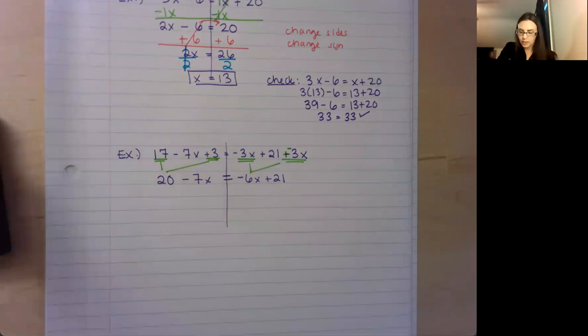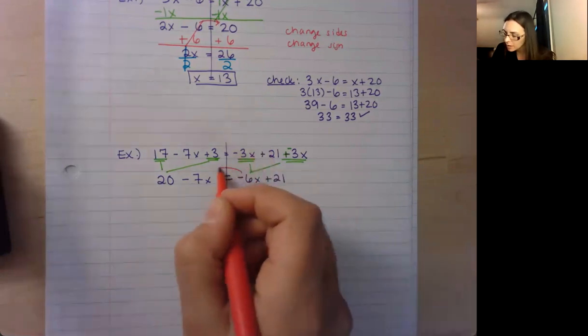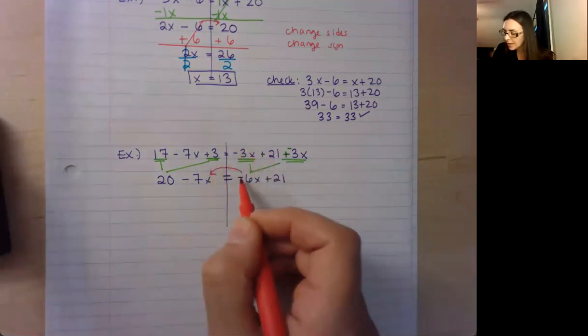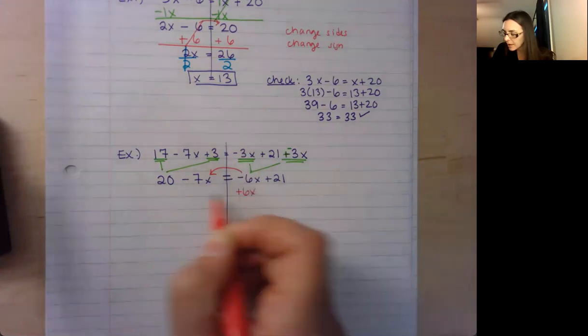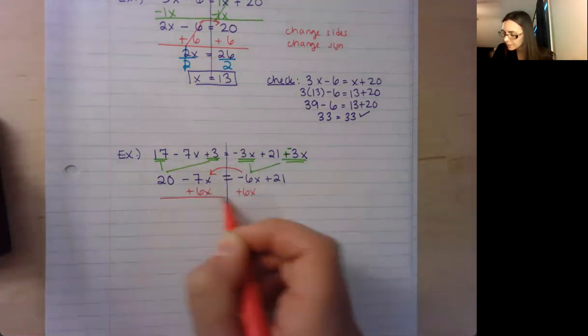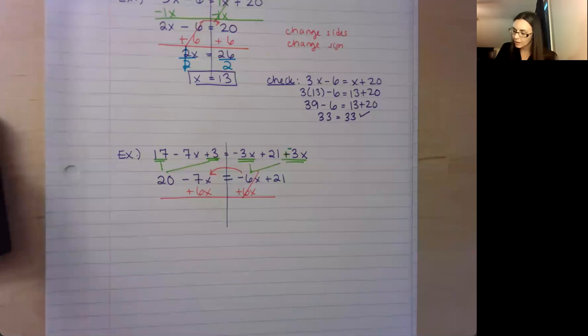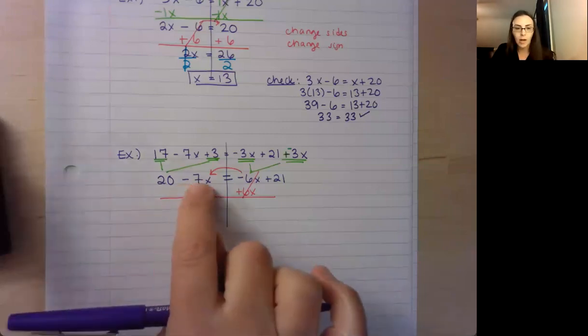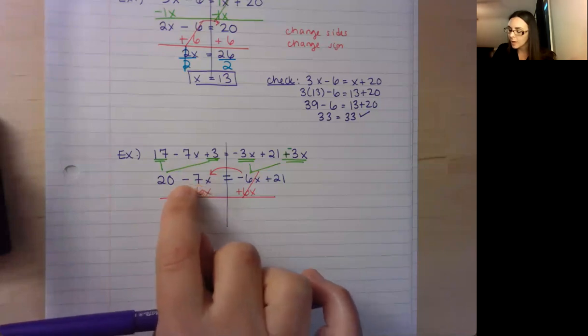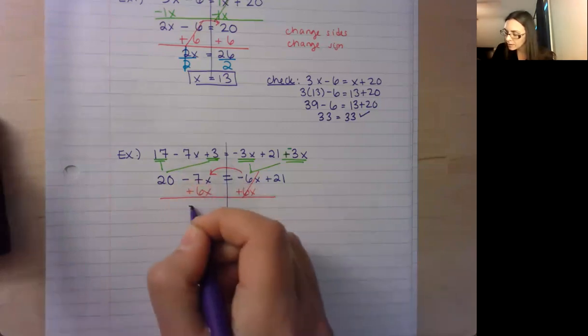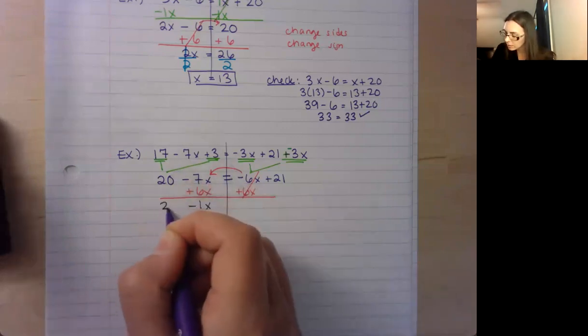So what I'm going to do is I'm going to bring my variables on the left here. So if it's a negative 6x, it's going to become a positive 6x. Now notice here I have a negative 7 plus a positive 6. Minus signs and negatives are the same thing. So negative 7 plus positive 6 is negative 1x. And then I have a 20.